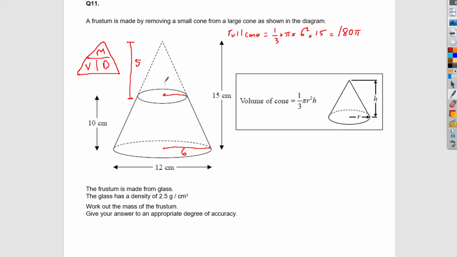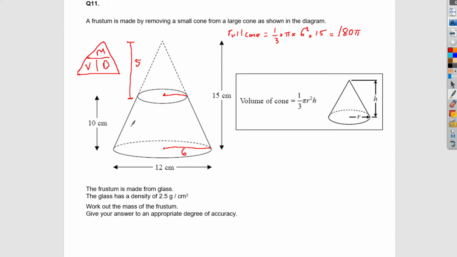Now what you should note is the cones are similar shapes. So that was 15 and that is 5, so that's 1/3 of that height. So we know that the radius is going to be 1/3 of 6.